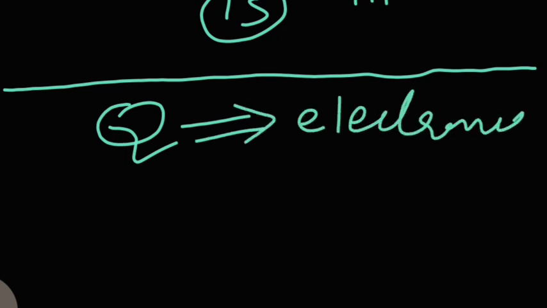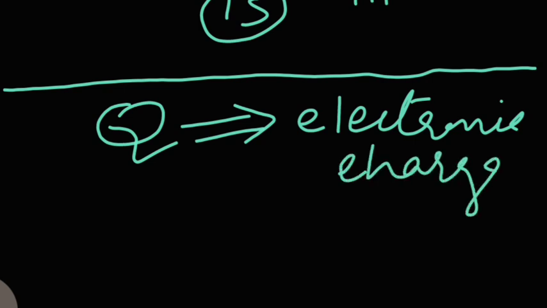Now that is the case for any conductor. You know that we denote charge using the letter Q. Any charge Q, we can represent in terms of electronic charge, which is 1.6 into 10 raised to minus 19 coulomb.